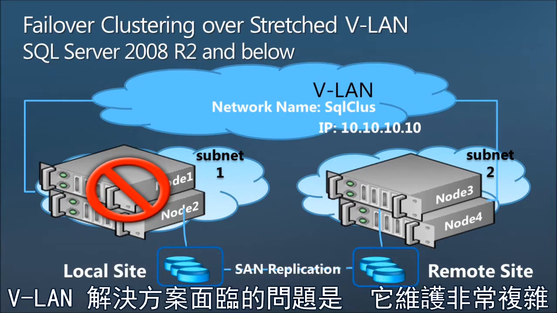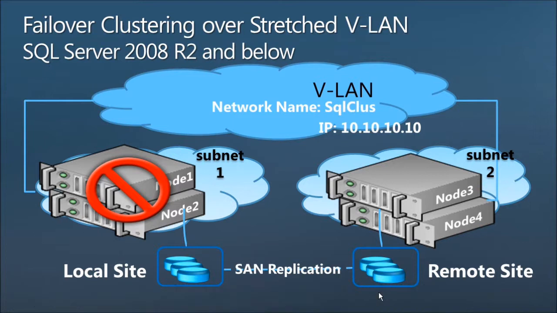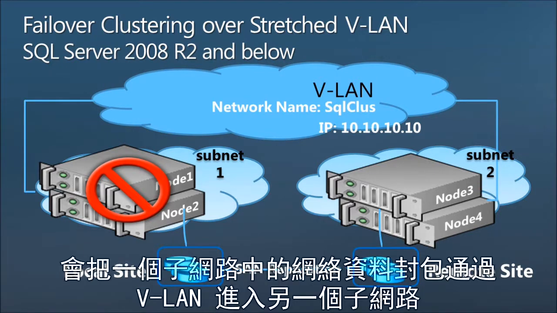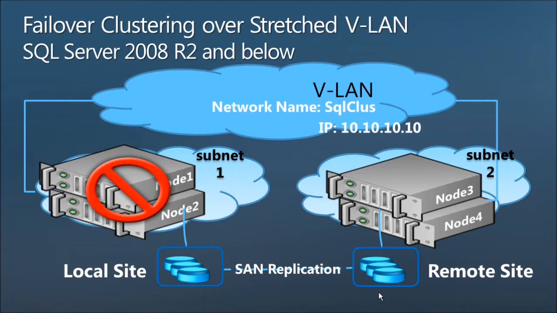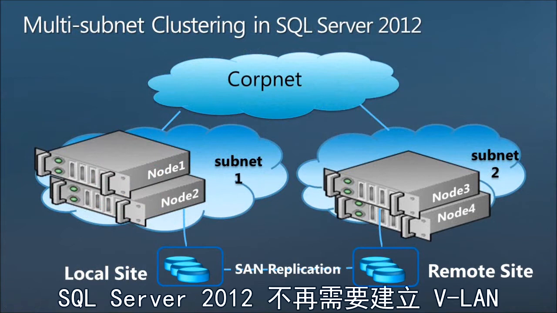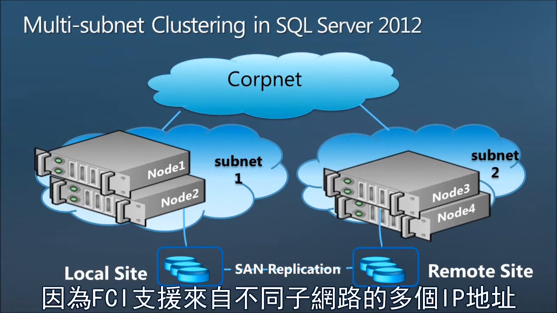The problem with the VLAN solution is that the maintenance is very complex. Another issue is that the network administrator usually has security concerns about network packets from one subnet going through the stretched VLAN to another subnet. A stretched VLAN is not needed anymore with SQL Server 2012 because now FCI can support multiple IP addresses from different subnets.